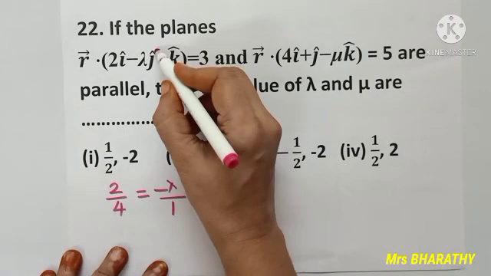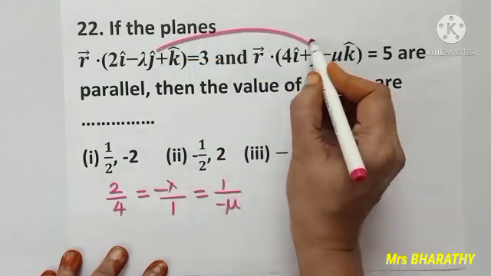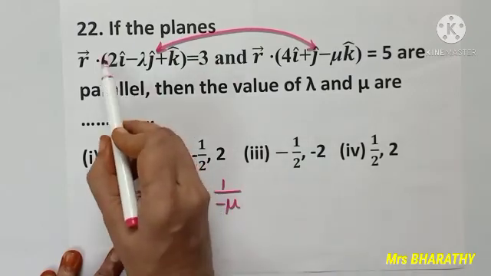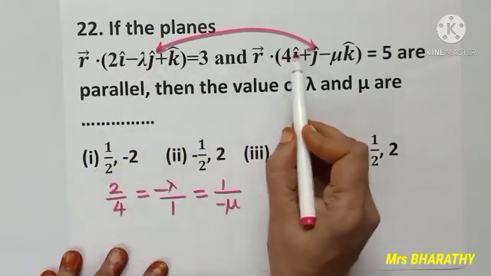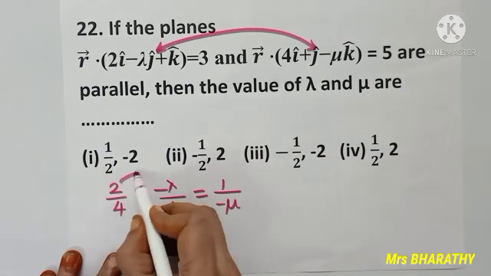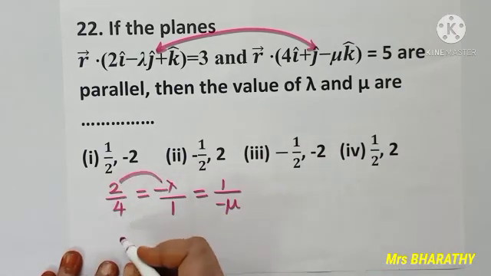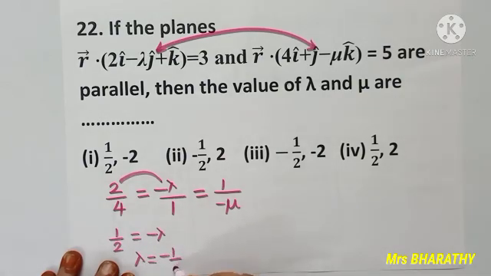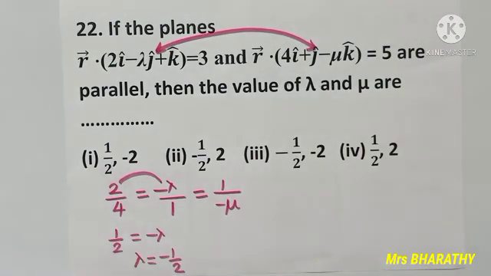We are given the two directions. I compare 2 by 4, minus lambda by 1, 1 by minus mu. Comparing these two, I get 1 by 2 equals minus lambda, or lambda is minus 1 by 2.